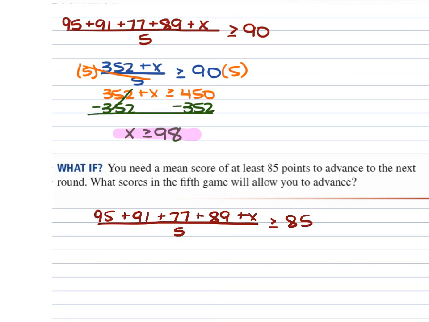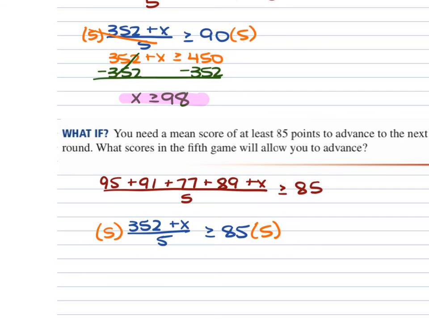We add those numbers up, and we get the same thing that we did before. So 352 plus x divided by 5 is greater than or equal to 85. We're going to multiply each side by that 5. So 85 times 5 gives us 425. So that's 352 plus x is greater than or equal to 425.